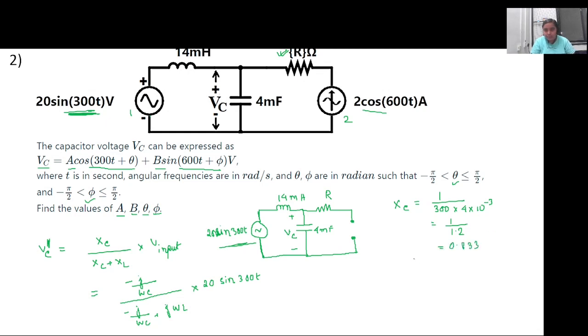And XL is omega L, 300 into 14 millihenry, which is 4.2.